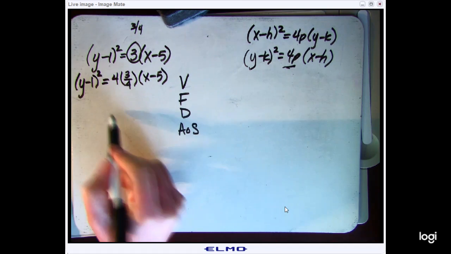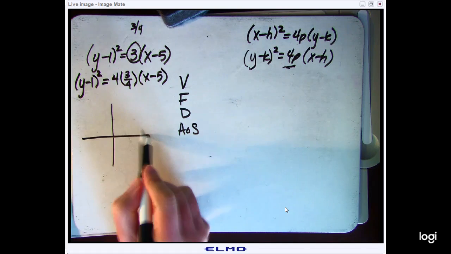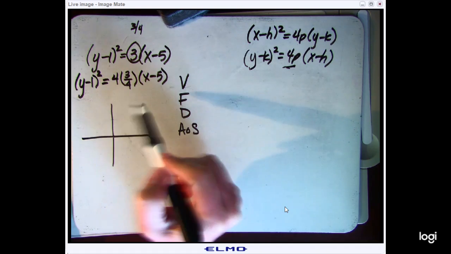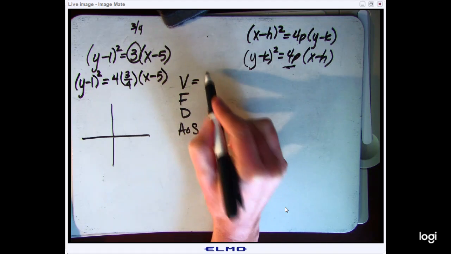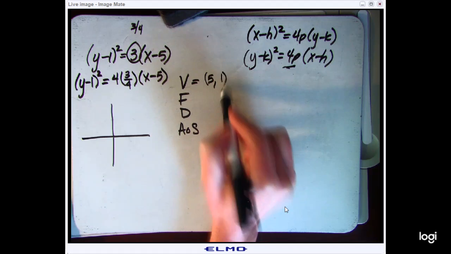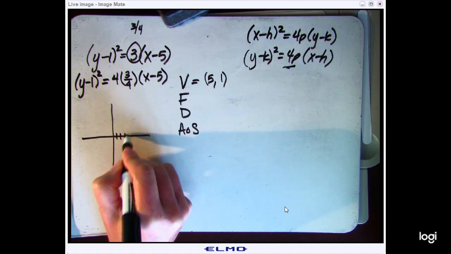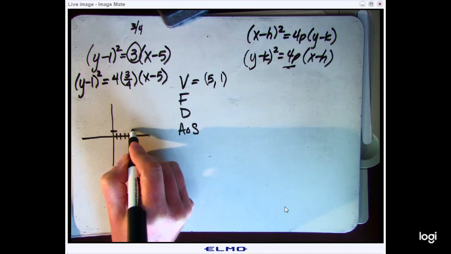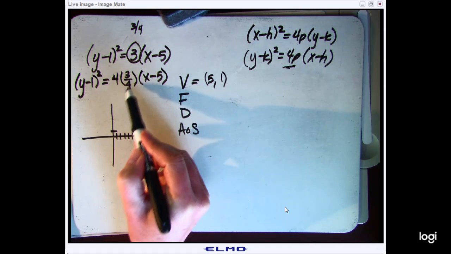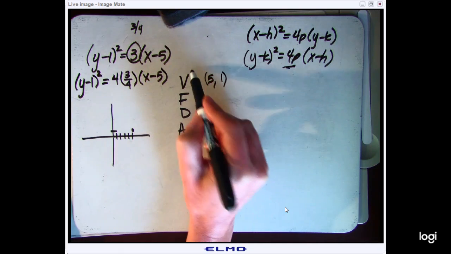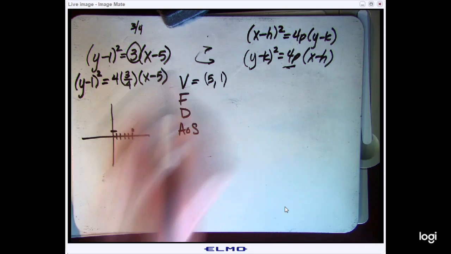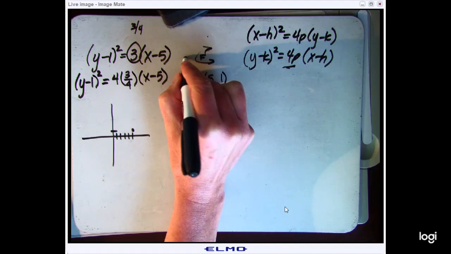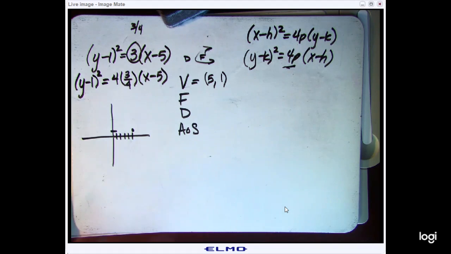Let's take a second and sketch this. I have a vertex at, opposite, (5, 1). 1, 2, 3, 4, 5, 1. My p-value is positive, so I know it's going to open this way, which means my focus is inside here and my directrix is outside.